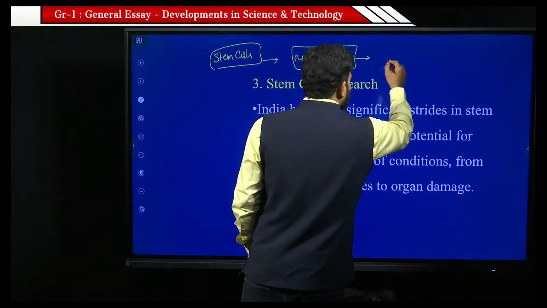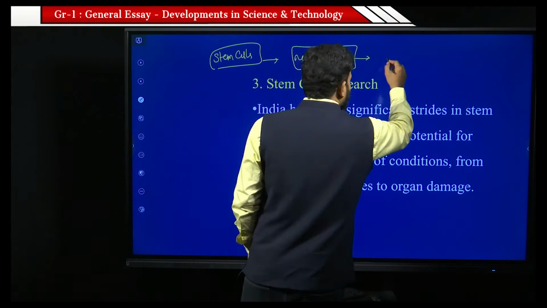When people are facing kidney issues, dialysis, lung issues, they need new organs. How? By stem cell research, we can have access to the stem cells and then develop these new organs from them. So this is how stem cell research can help.